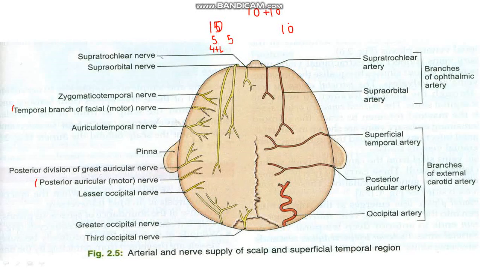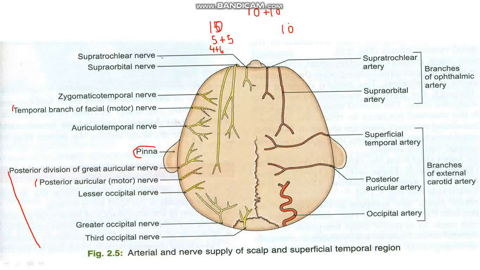So 5 plus 5, 10 on each side. These 5 nerves innervate in front of the pinna, and 5 nerves innervate behind the pinna.